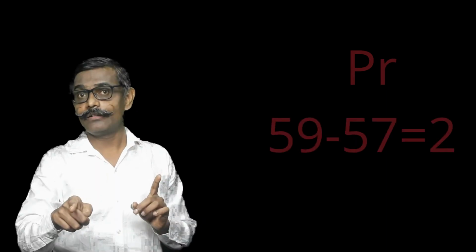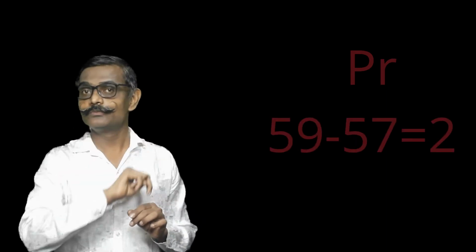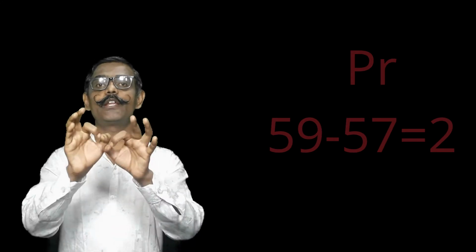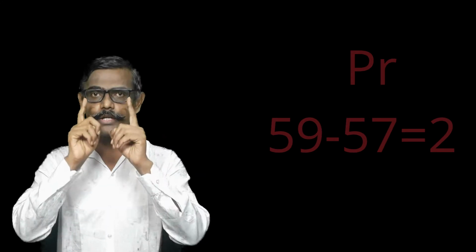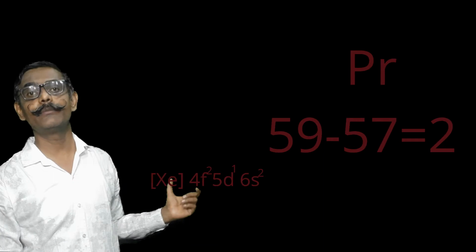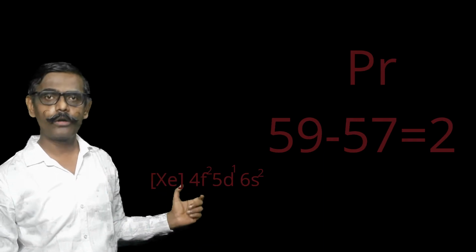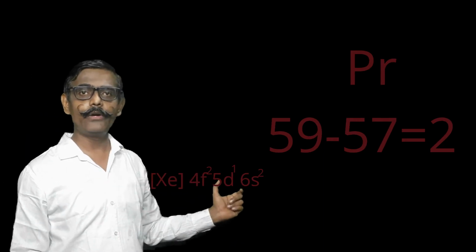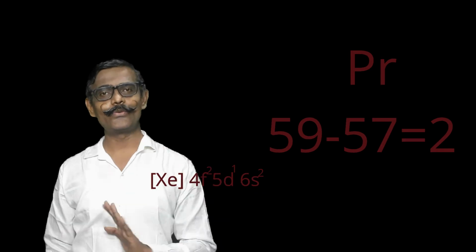Yes, 59 is the atomic number for praseodymium. So atomic number minus 57, what is the answer? 2. So that many electrons will be in the 4f orbital. So the electronic configuration for praseodymium will be xenon 4f2 5d1 6s2.